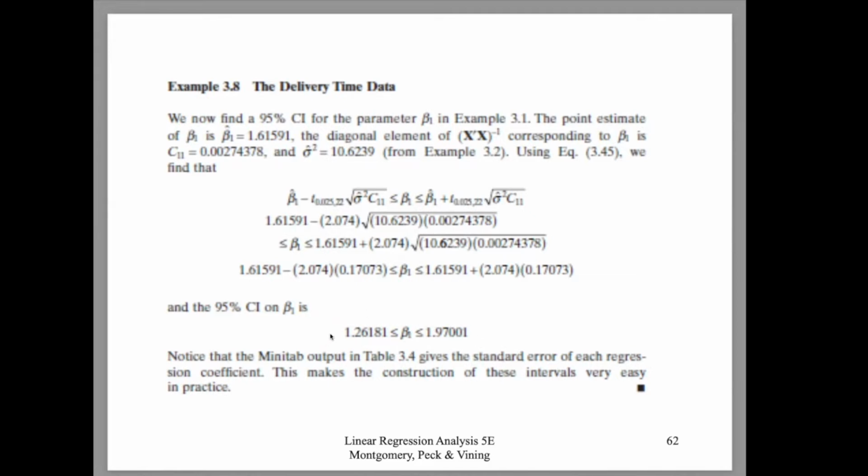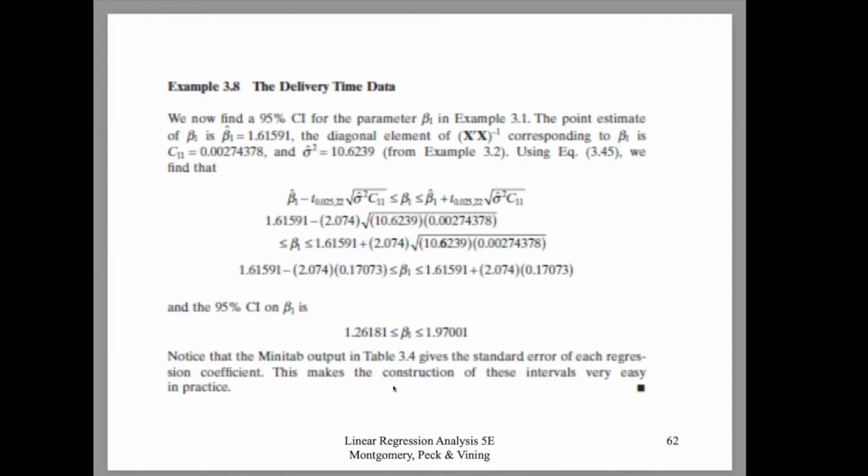And so we can say that we are 95% confident that the true value of beta 1, the slope coefficient on x1, is somewhere between 1.26181 and 1.97001. Now, statistical software will typically give you the estimated standard error of these point estimates, and that's what they're talking about here.